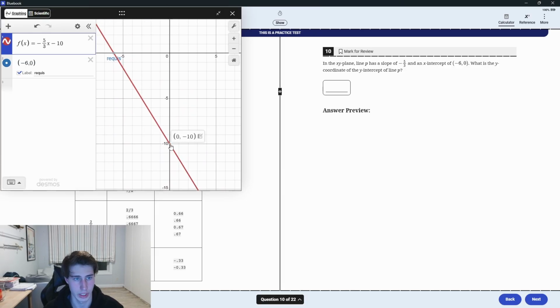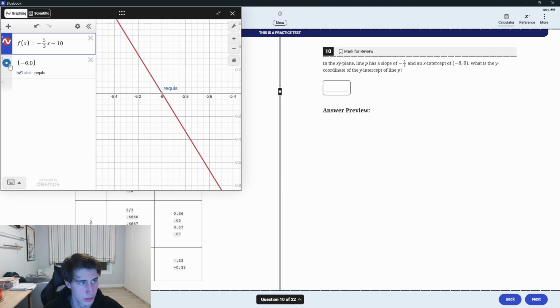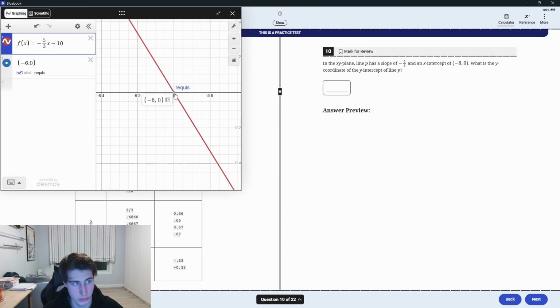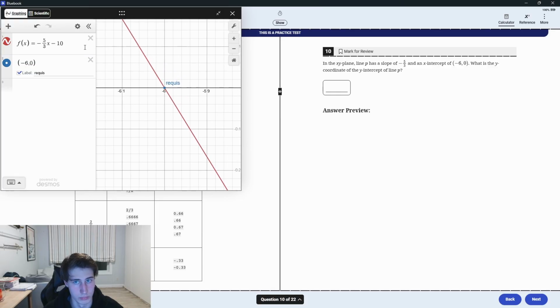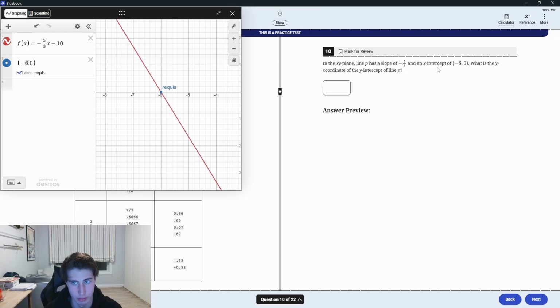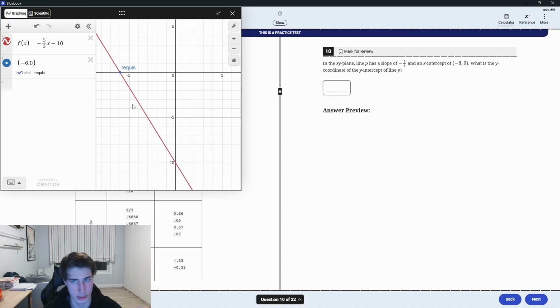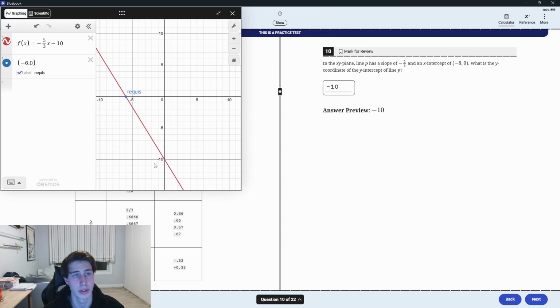And in this case, look at that, -10. Does that go through the point? Yes, it does. So this passes through the point, and that means -10 is the y-coordinate of the y-intercept of the line. Because graphing this line, it passes through the x-intercept, so it satisfies this equation. And what's the y-intercept? -10. So -10 is our answer. In this case, we're just doing some guessing and checking to find our answer.